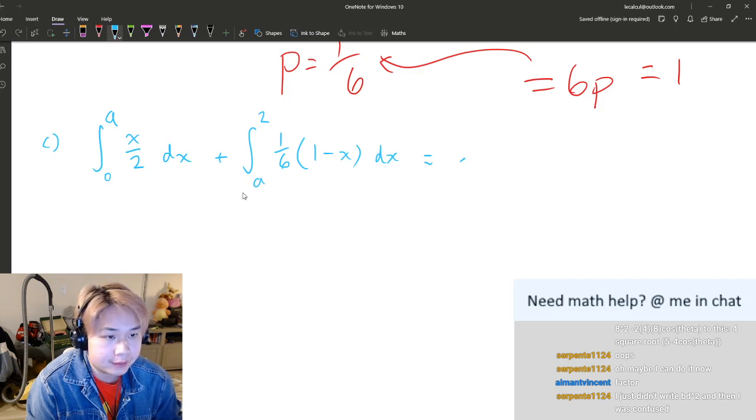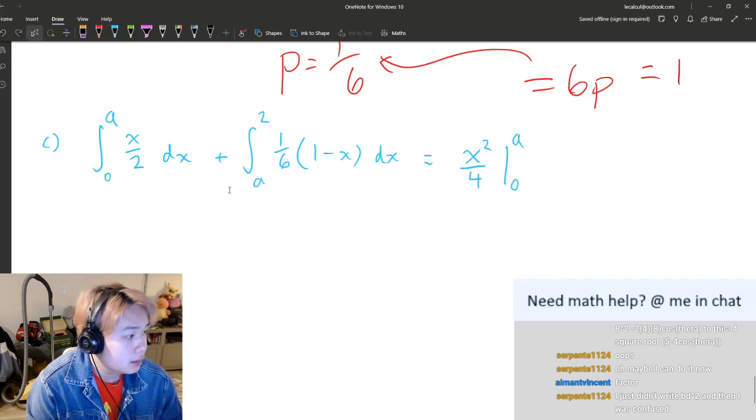So what do we have? So here's the first part of the integral, and then over here.